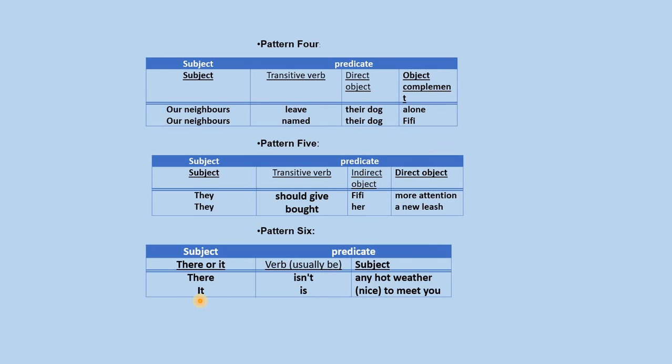There isn't any hot weather. It's a fact. There isn't any hot weather. It is nice to meet you. So here it is not a real subject. It is called the impersonal pronoun. So these are normally the 6 main patterns that we have in English.